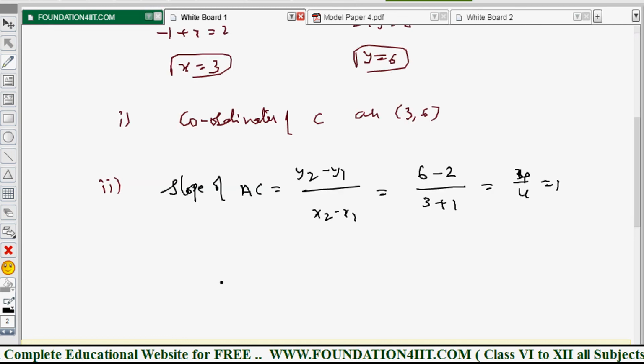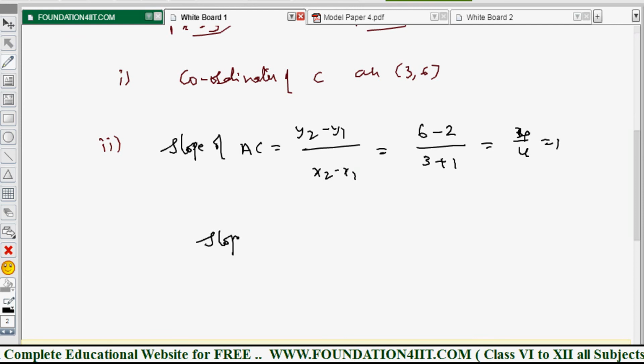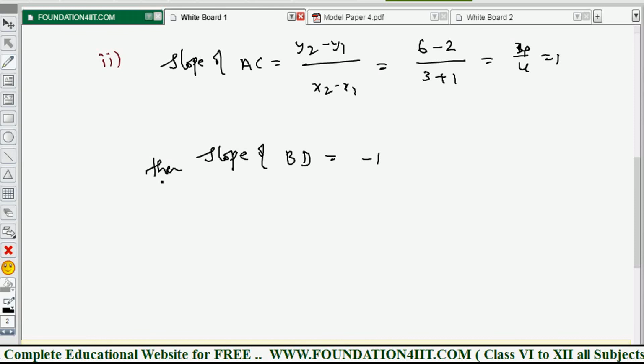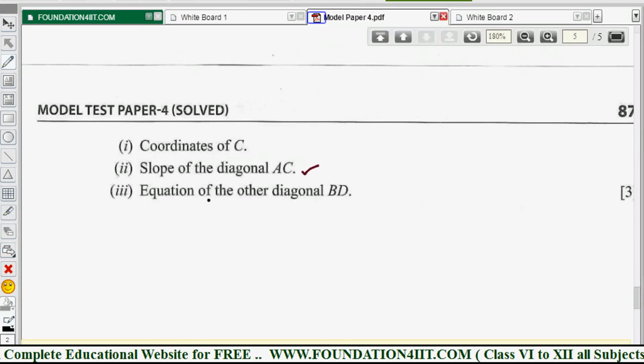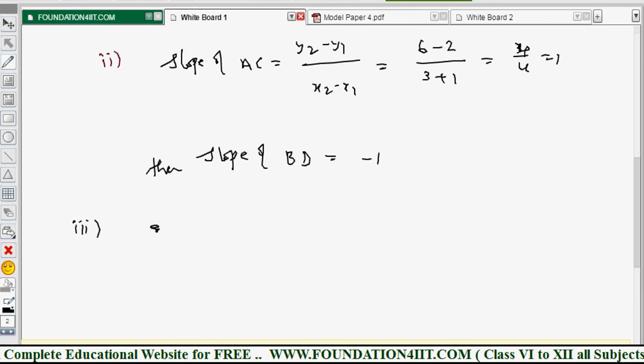Then if the slope of AC is 1, the perpendicular slope, the slope of BD, is equal to minus 1. So interchange the reciprocal and change the sign. Minus 1. You can apply this in the third question, the equation of the other diagonal BD. You know the slope, so we apply the formula y minus y1 is equal to m into x minus x1.